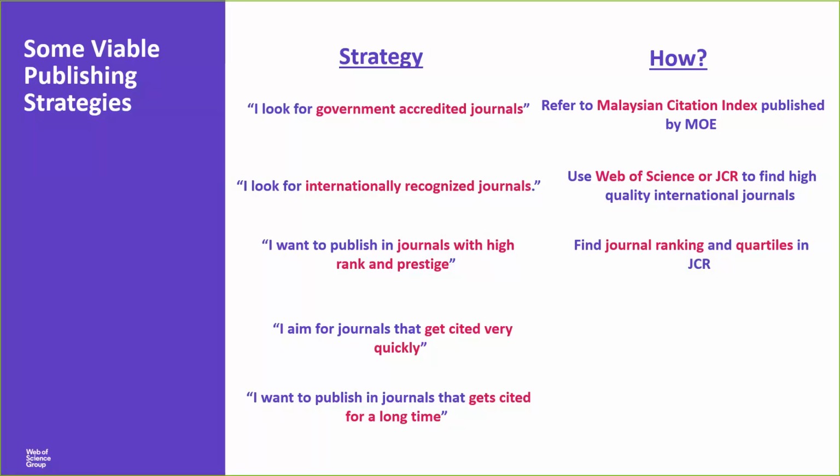But imagine this, if you publish your paper, say in your 2nd year, okay, and this gets citations before you even graduate. Isn't that a good thing for your resume? It is. Okay? So there is a strategy to identify journals that get cited very quickly, and we have a metric within JCR, which is called the immediacy index, that will help you to identify these sets of journals. Okay?